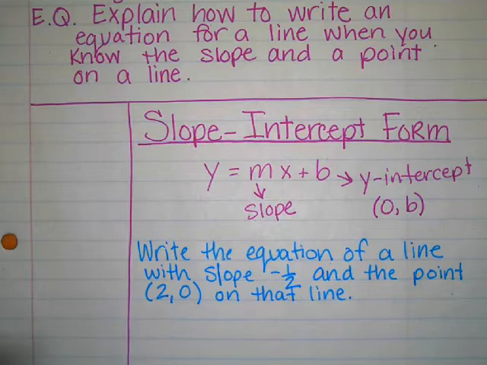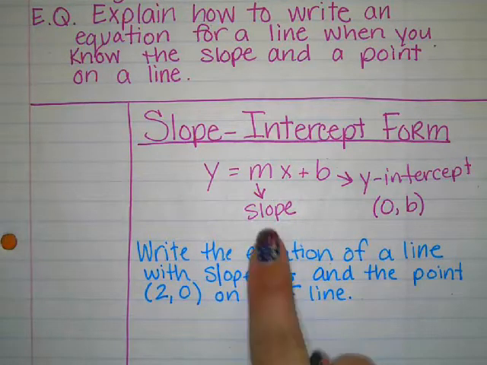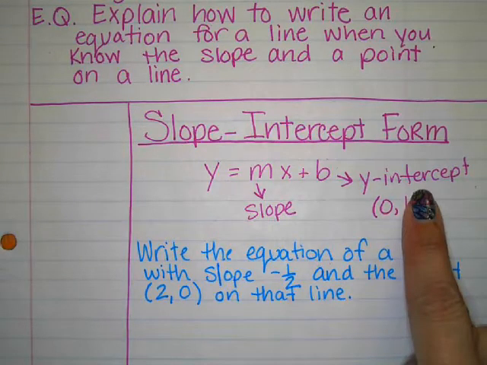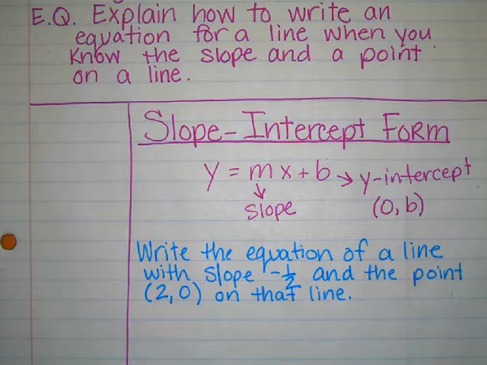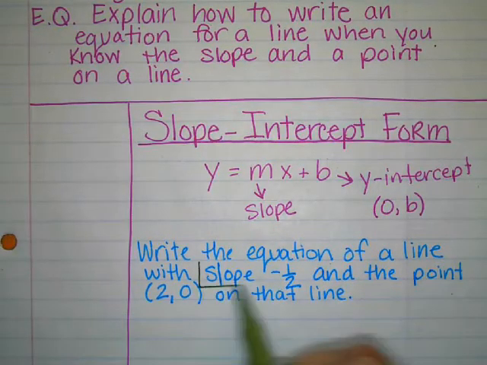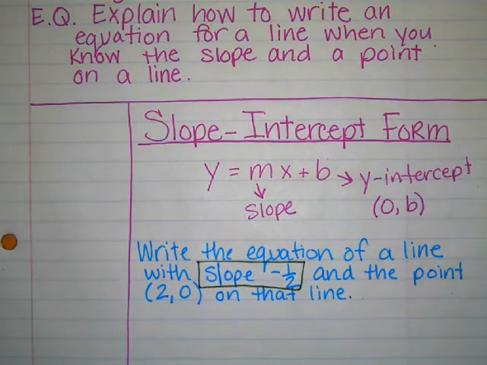Remember, to write our equation, we need to know the slope and we need to know the y-intercept. So we're going to identify what we already know. We know that the slope is -1/2. This is my slope, so that's my m value.